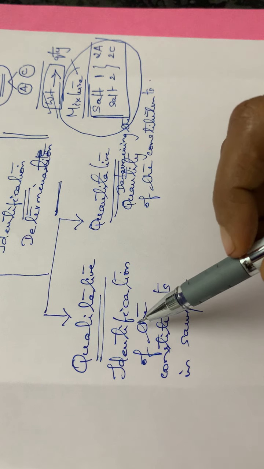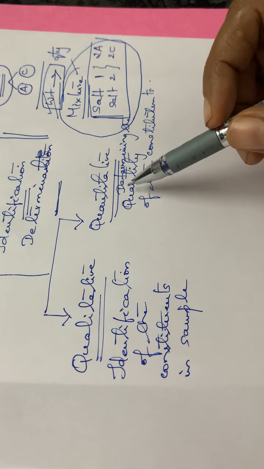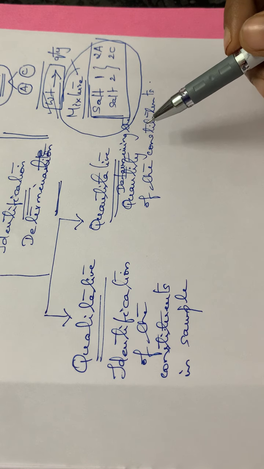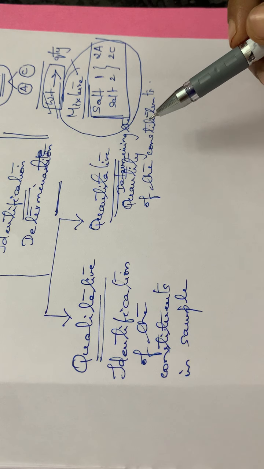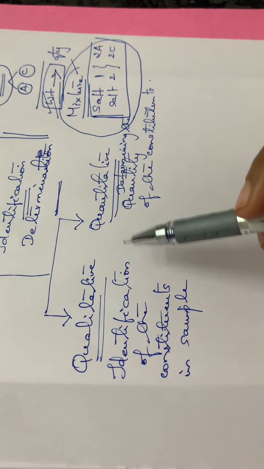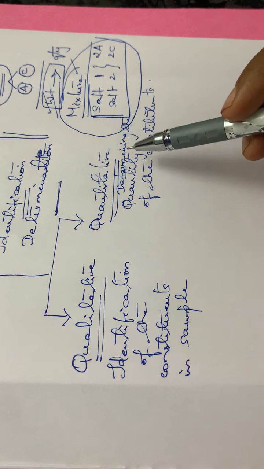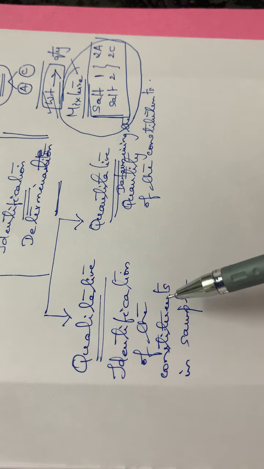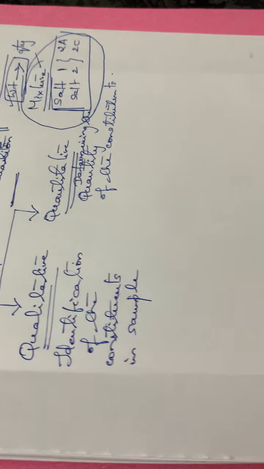In qualitative, you are identifying the constituents, while in quantitative analysis, you are determining the quantity of the constituents present in that particular substance. Okay. So in this chapter, you have to deal with both these. That is, in the case of qualitative as well as quantitative, you have to have a brief introduction about this qualitative and quantitative. Okay, so let us start with the qualitative analysis.